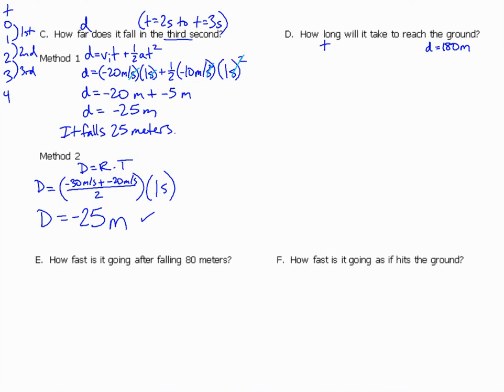So for this one, we are using our distance formula. It relates distance and time. Distance equals initial velocity times the time plus 1/2 acceleration times the square of the time. There's the formula.